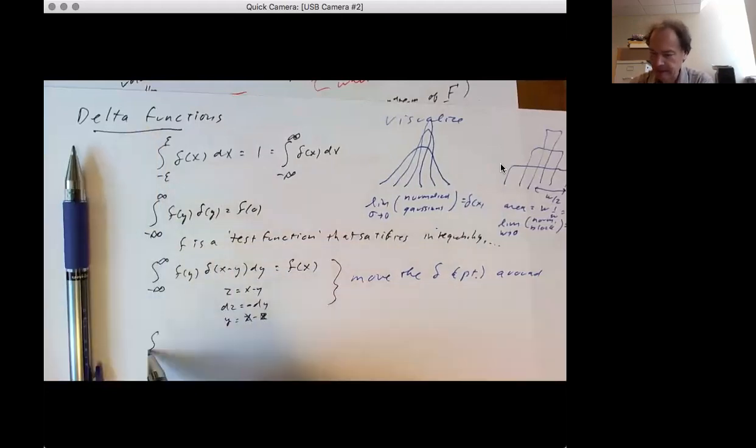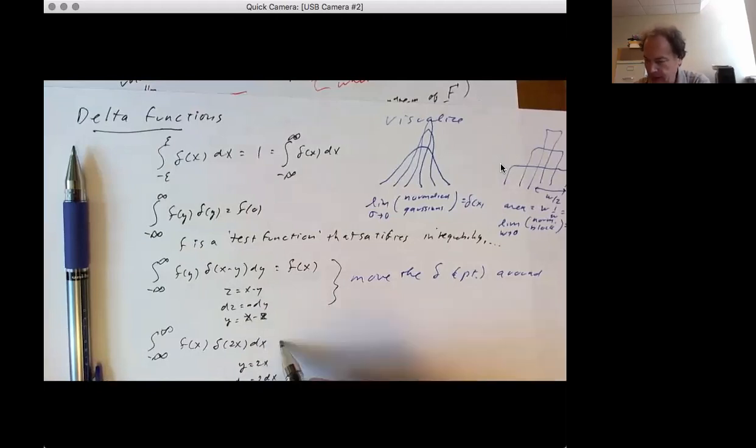And then something here that might scare you, might make you happy. The integral from minus infinity to infinity of f of x delta of 2x dx. We're going to proceed like we did above. We're going to set y equal to 2x. That means dy is equal to 2 dx.